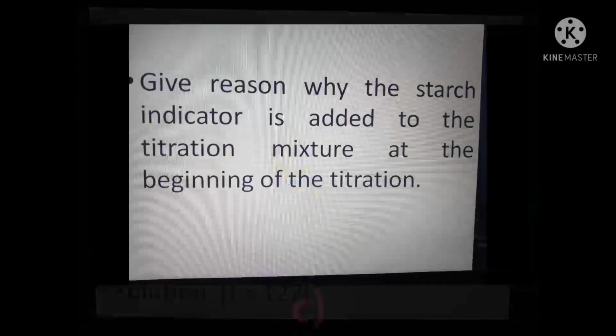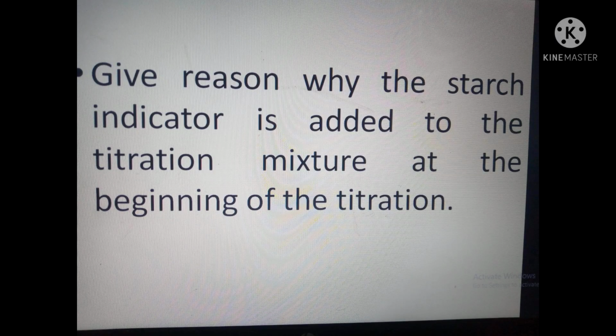C, give reason why the starch indicator is added to the titration mixture at the beginning of the titration.